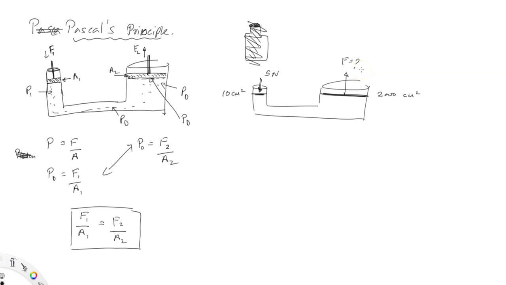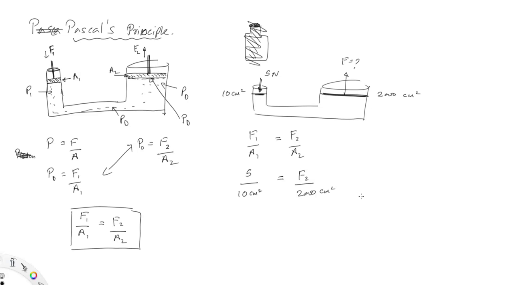So let's do the math. F1 over A1 is F2 over A2. 5 over 10 centimeters squared should equal whatever the force comes out over 2000 centimeters squared. Now ideally I should convert this into meters squared, but because both sides have the same centimeters, I'm not going to worry about it.